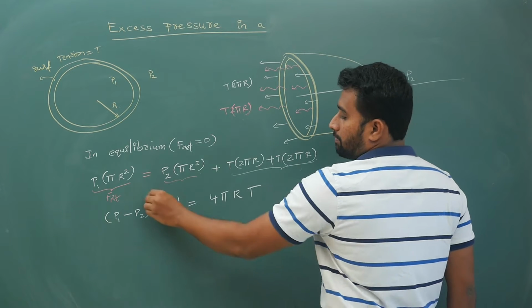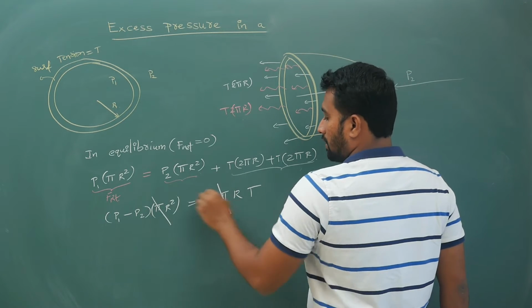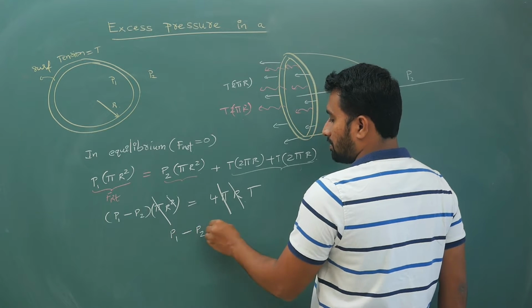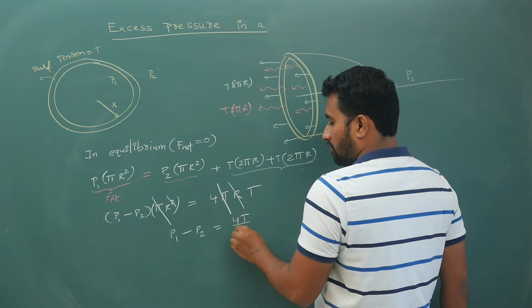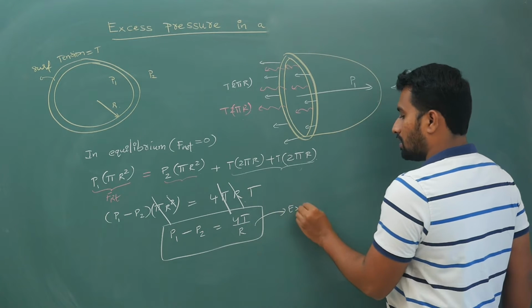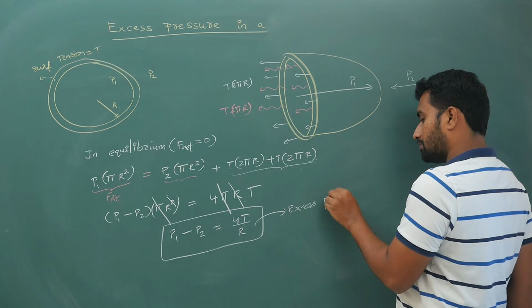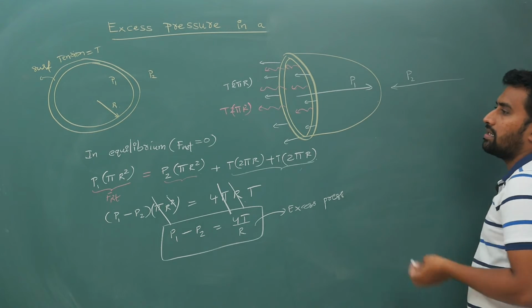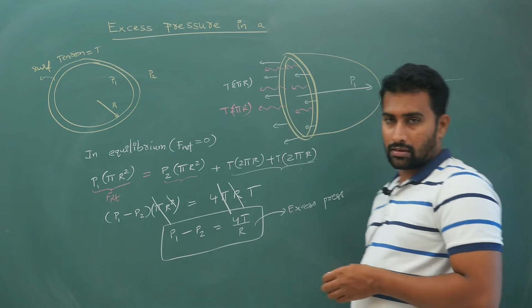Pi and one r will go off. Your excess pressure P1 minus P2 is 4T by r. This is your excess pressure, where r is the radius of that spherical thing.